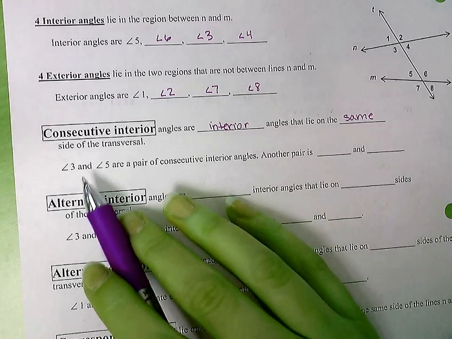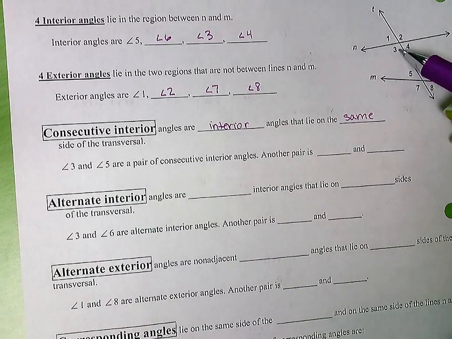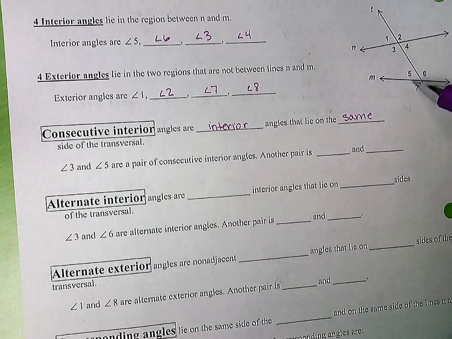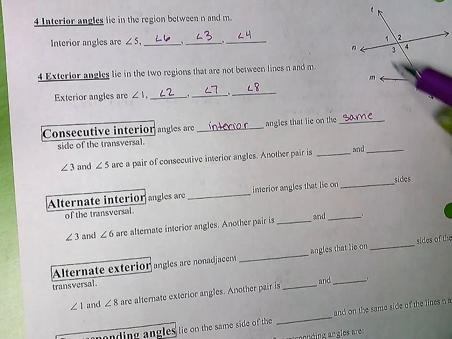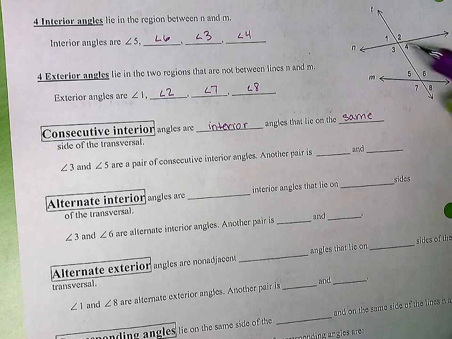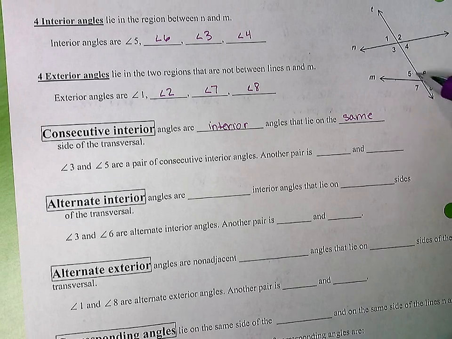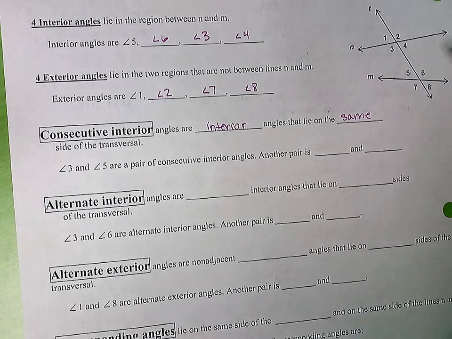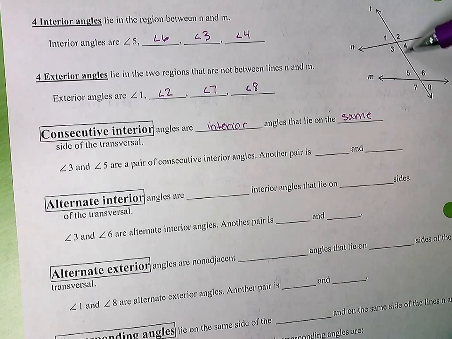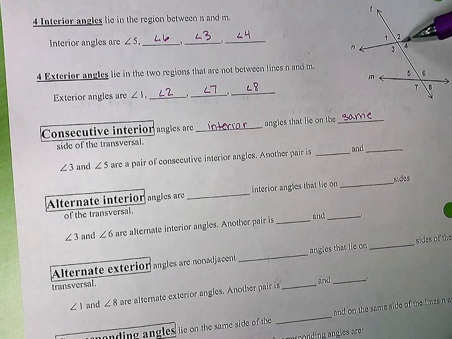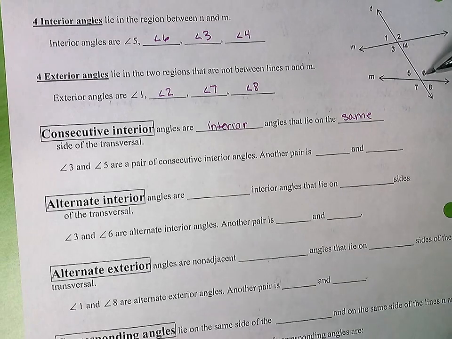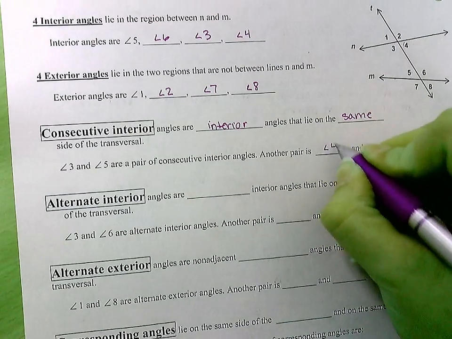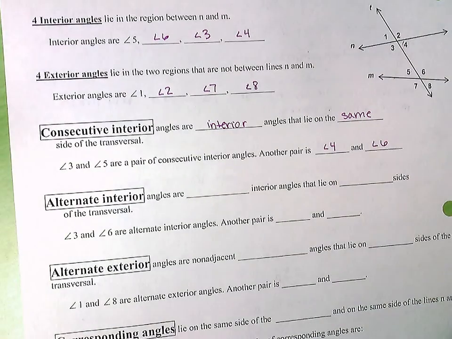So angle 3, this angle here, and angle 5 are a pair of consecutive interior angles. They're both interior and lie on the same side of that transversal. So another pair would be 4 and 6.